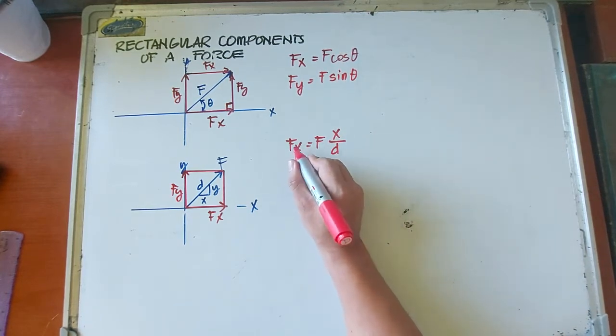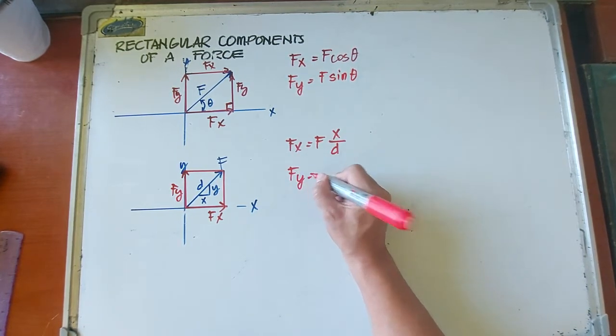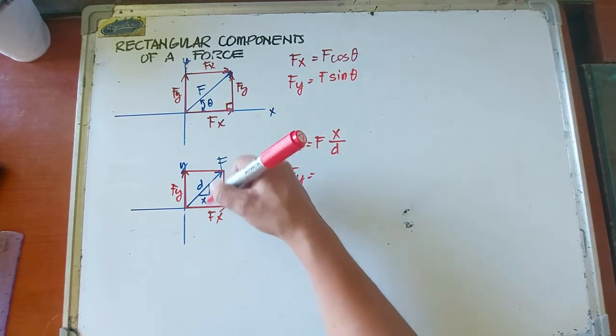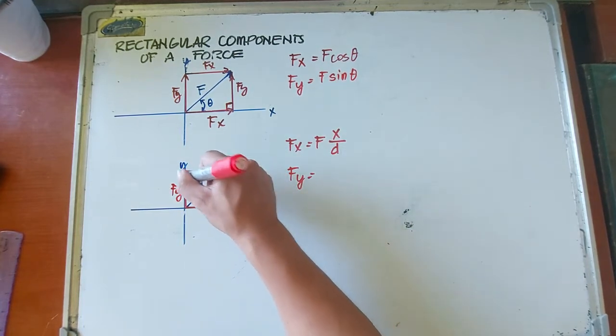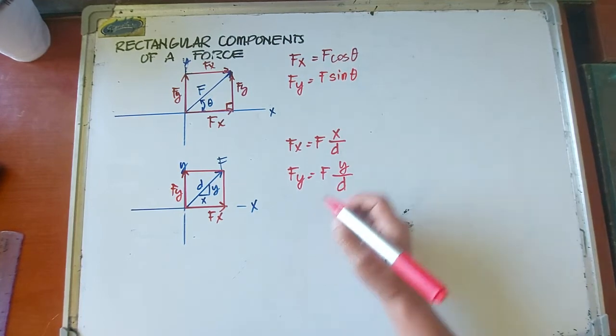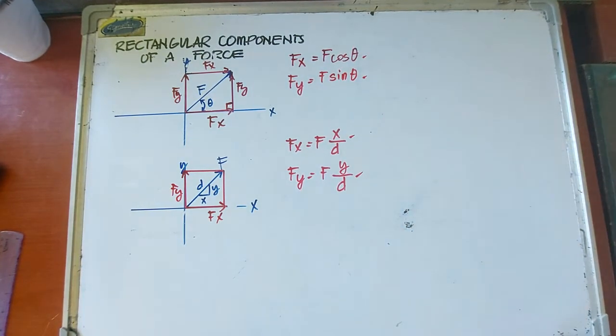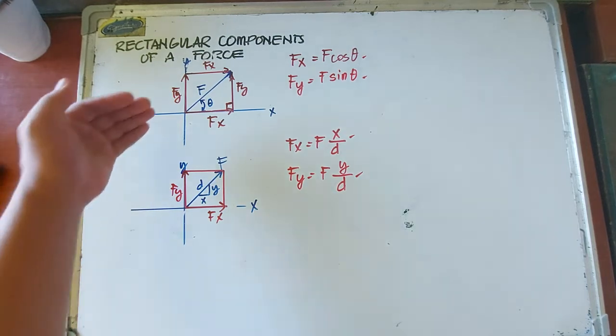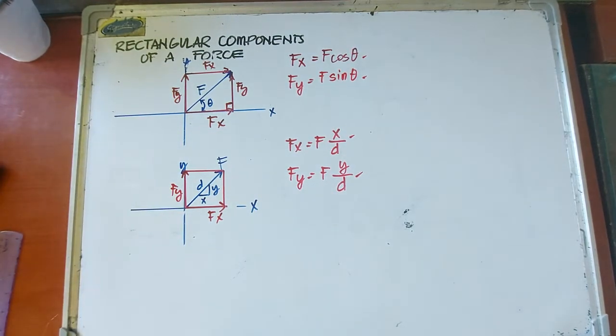Okay? That's fx. And fy is equal to, since we're solving for the vertical component, y over d. So this is how we solve for the rectangular components of the force, given angle or yung slope. Okay, so very simple, easy.